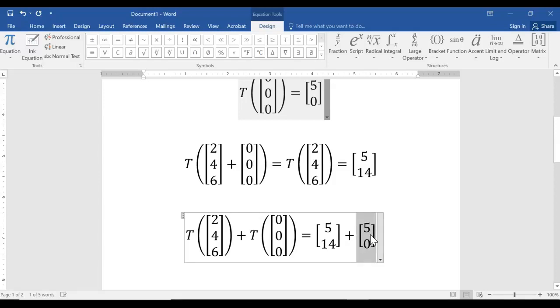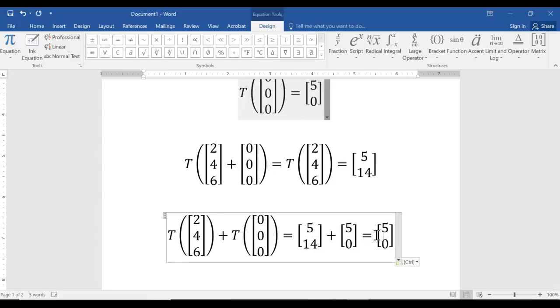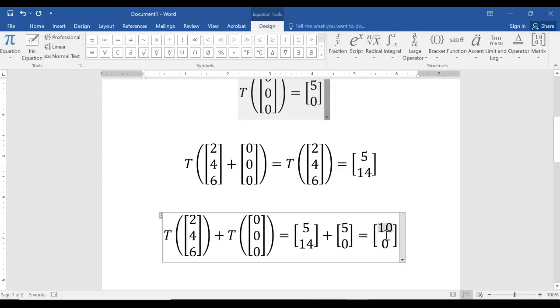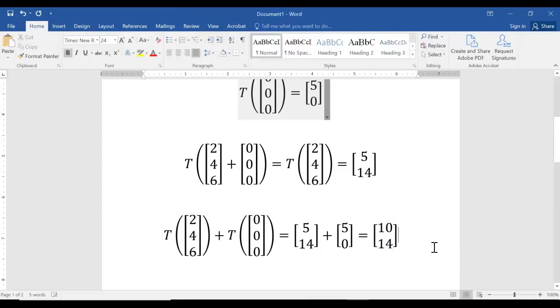Notice that when you add those two up after you did the linear transformation, you end up with a 10 in the first spot and a 14 in the second spot. So this must not have been linear.